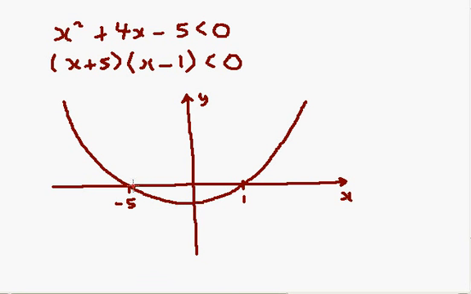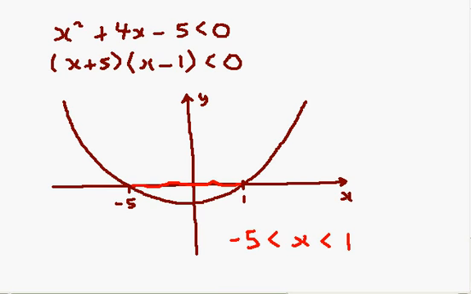So the actual values we're looking for are here for x. So I can write my answer straight off as minus 5 is less than x is less than 1. So the points that I'm interested in are bounded between x is minus 5 and x is 1.